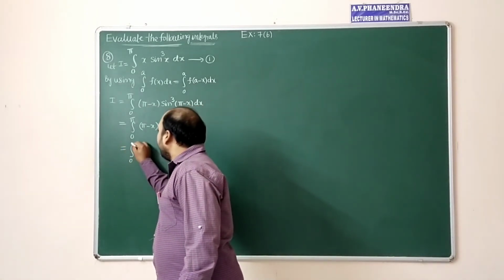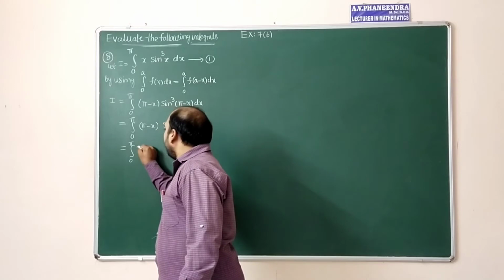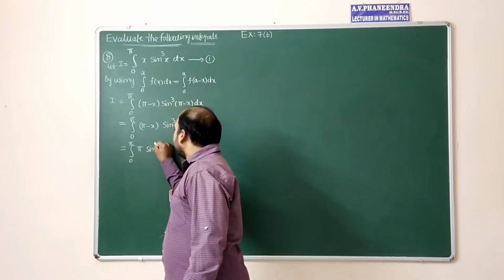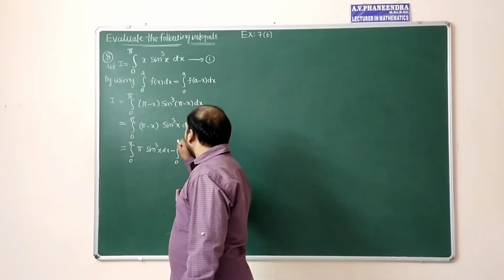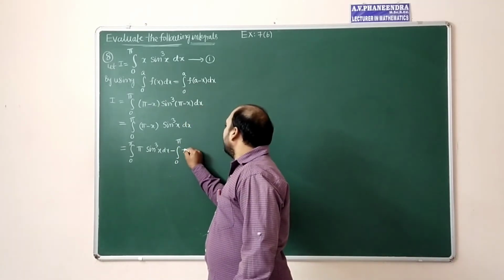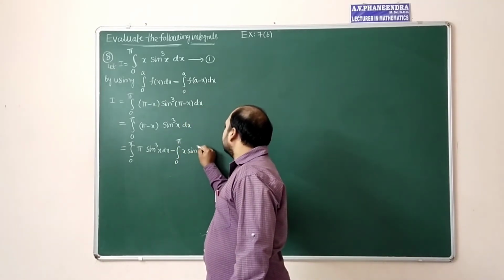Integral 0 to pi, pi into sine cube x into dx, minus integral 0 to pi x into sine cube x into dx.